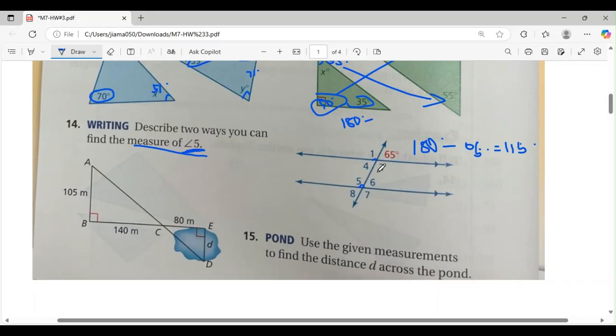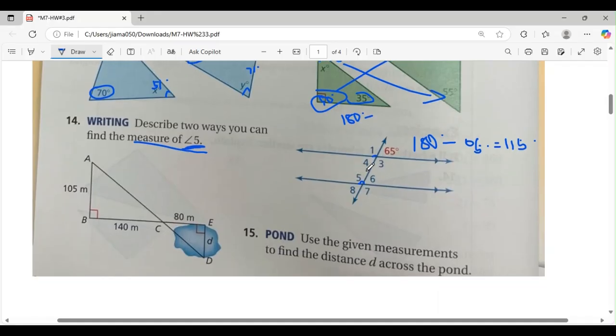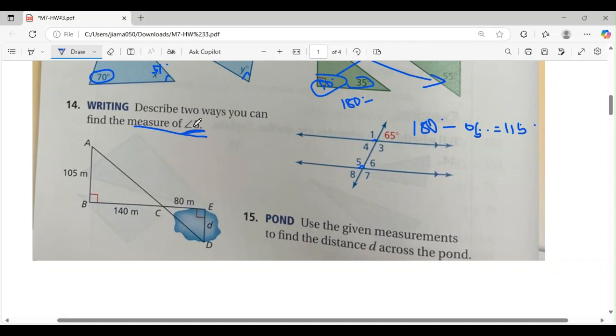Okay, so angle 1 and angle 5 are corresponding angles. So this one is also 115 degrees. So this is the first way.